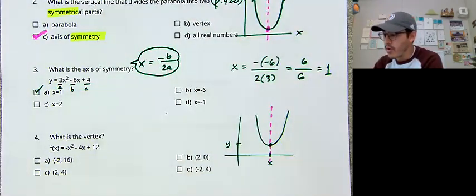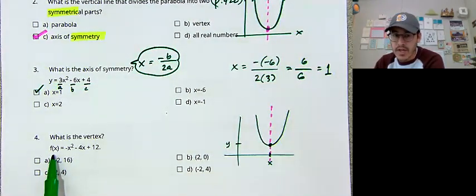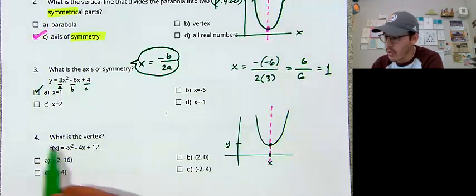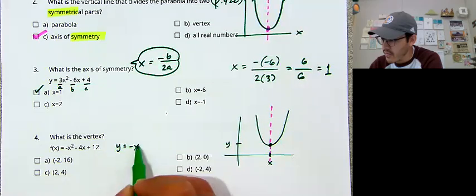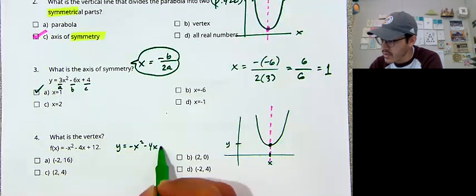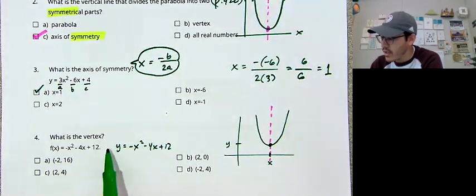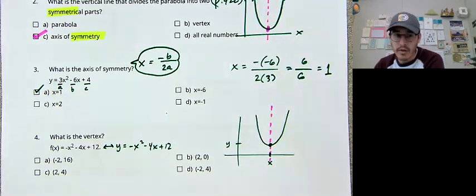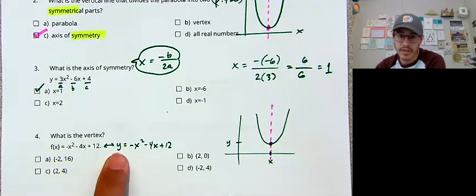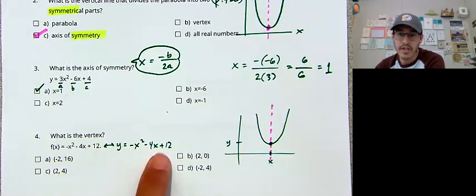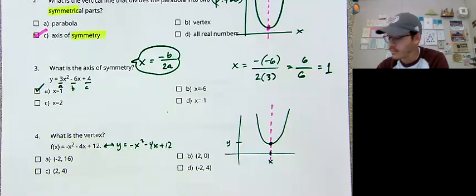Remember, before we learned function notation, we would write equations using the form y equals negative x squared minus 4x plus 12. These are similar ways of writing a function. You can use function notation or you can use y notation. So the function itself is how we're going to get the y coordinate.